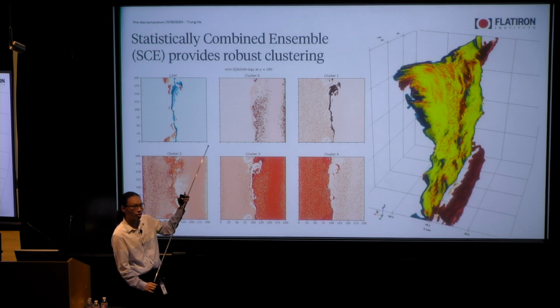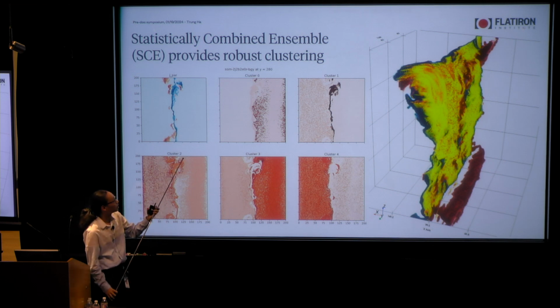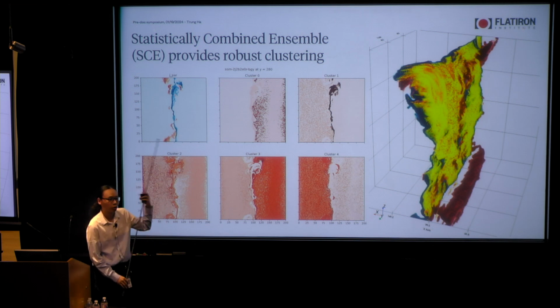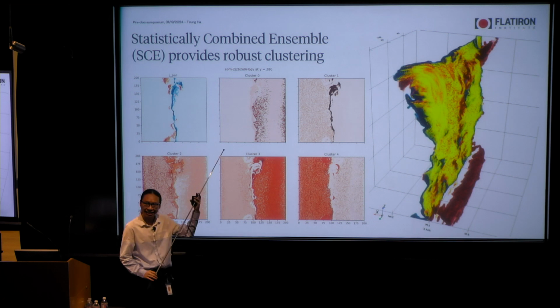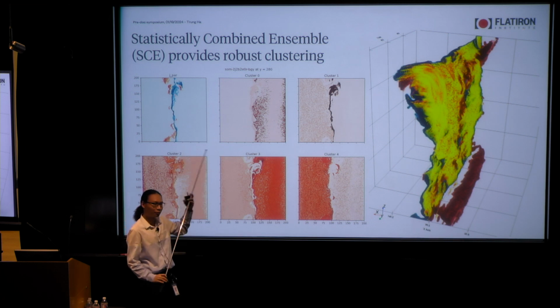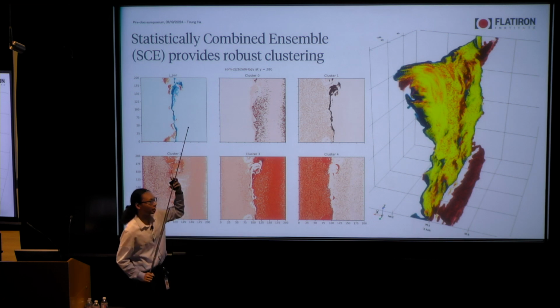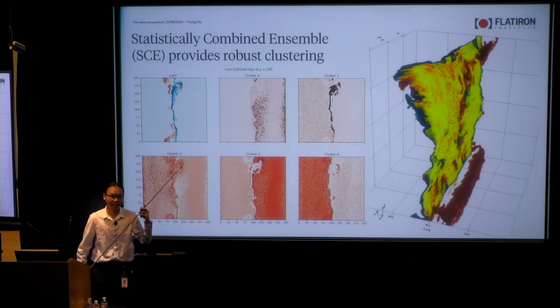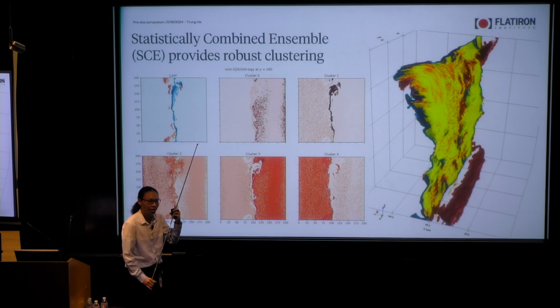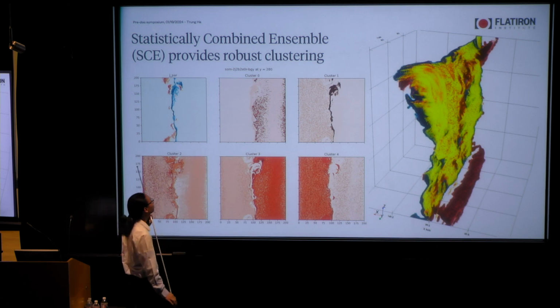I also want to mention that by doing this SEE, I have also learned how to use JAX, and that allowed me to do GPU acceleration of this SEE, and that also provided another 100 times speed up compared to the original.